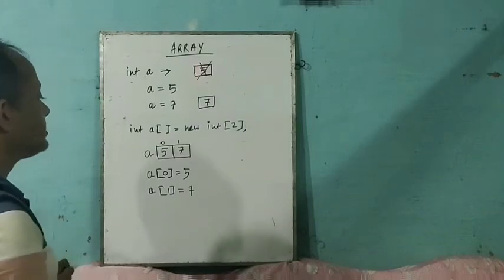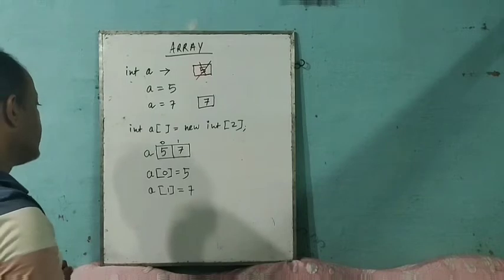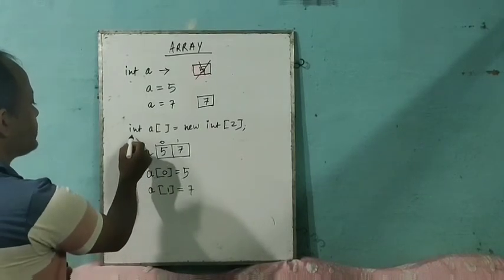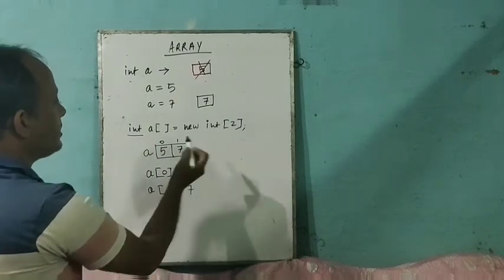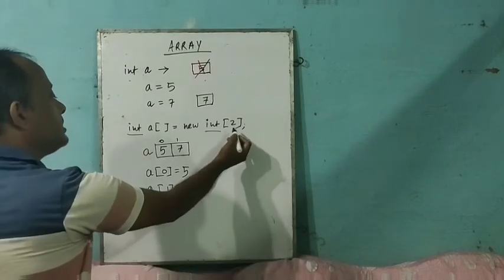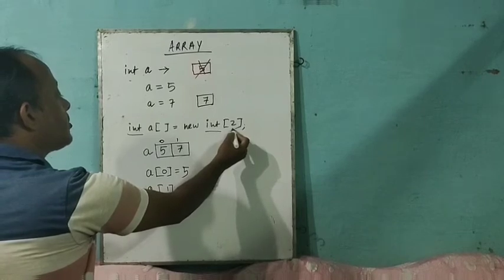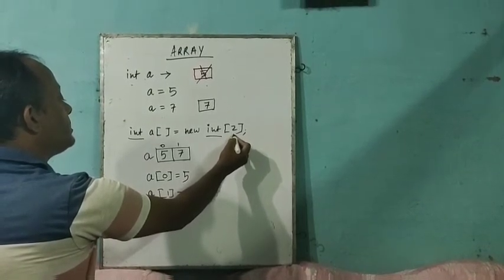That means if you create a string variable, the declaration of the array will be a string declaration. In place of int, here you will write string. And this is the size of the array, that is, how many compartments or cells you want to create in the array.